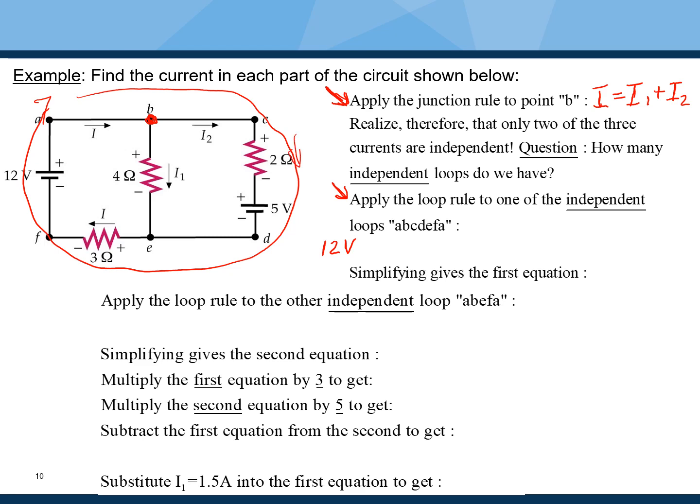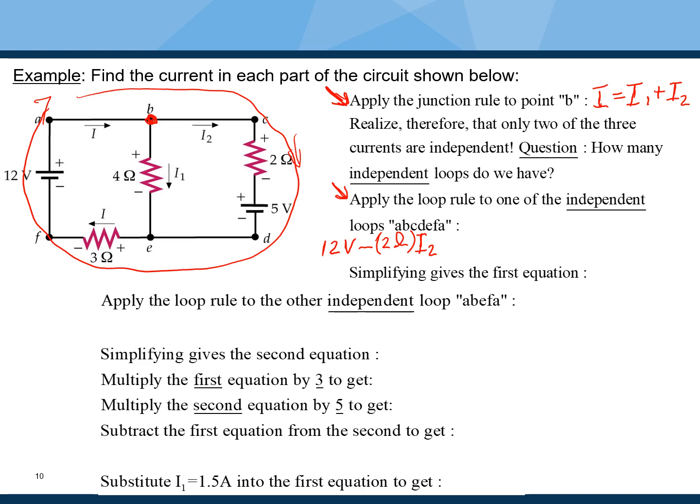Okay, and we're going to go ahead and go through the resistor in the direction of current flow, which means that we have minus 2 ohm resistor with a current of I2 going through it, and this 2 ohm resistor is being traversed in the direction of current flow, which means that its voltage is dropped.